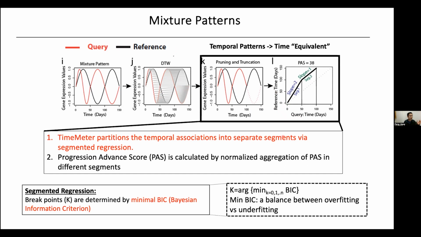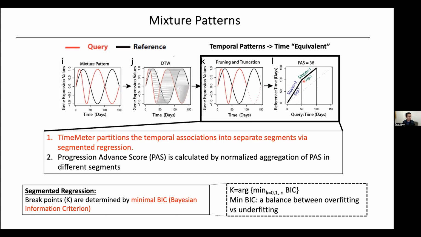When you have speed differences, the slope shows the difference. So the time course data is broken into multiple pieces, then segmented regression is used to fit the curve. As you know, we have to determine the breakpoints.